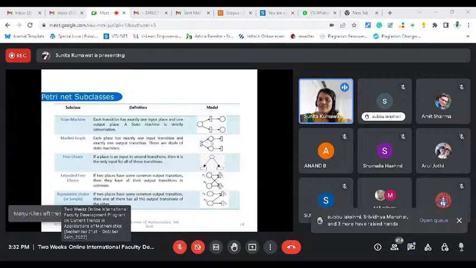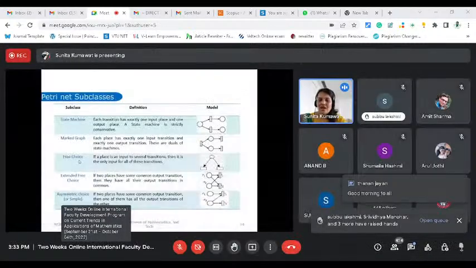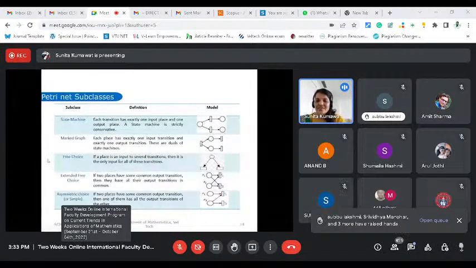In such a situation, we can use another type of variant of Petri net, which is the marked graph.